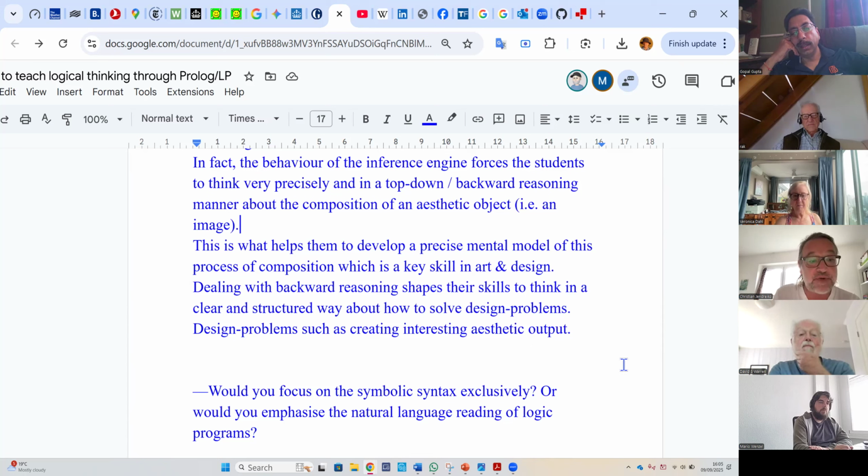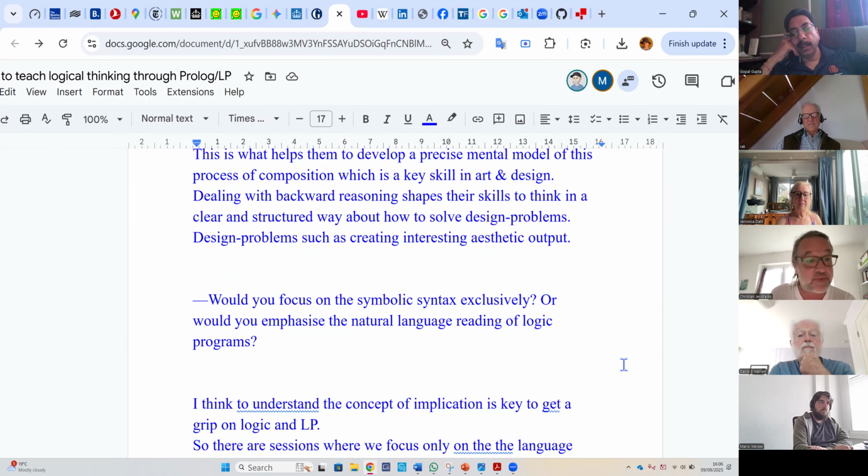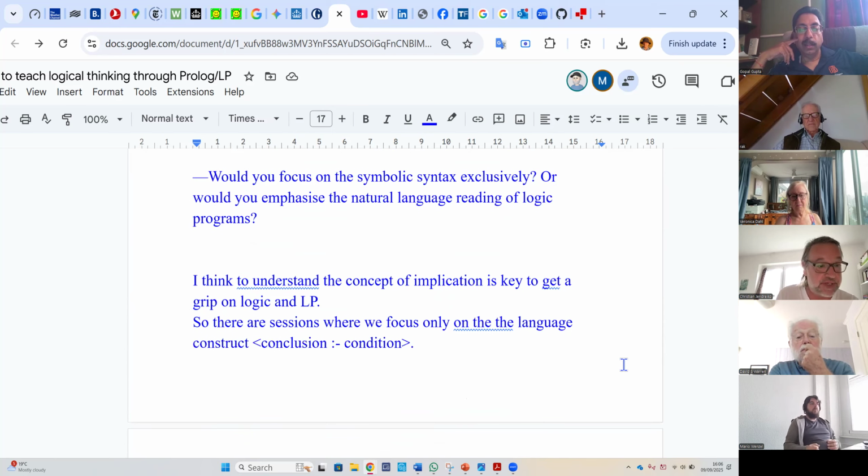Dealing with backward reasoning shapes their skill to think in a clear and structured way about how to solve design problems. Design problems such as how to create interesting aesthetic output. Third question, how do I deal with symbolic syntax and natural language reading?